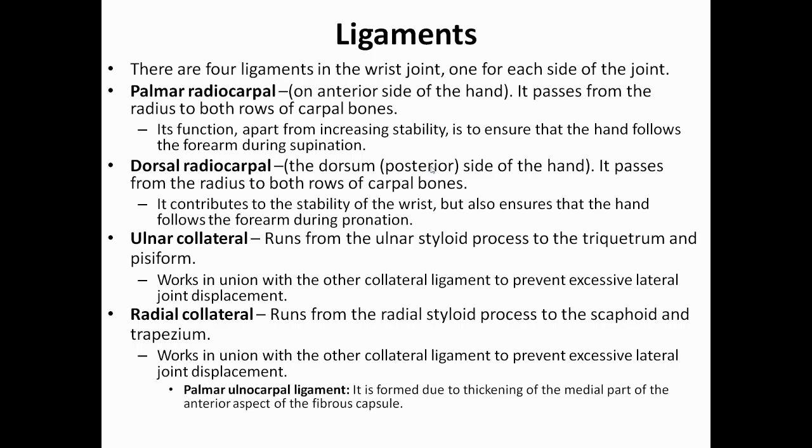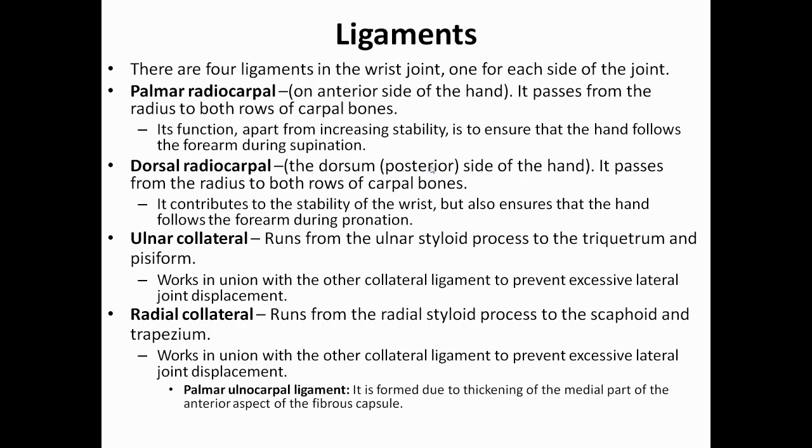Ulnar collateral ligament runs from the ulnar styloid process to the triquetrum and pisiform bone and works in union with the other collateral ligament to prevent excessive lateral joint displacement. Radial collateral ligament runs from the radial styloid process to the scaphoid and trapezium.